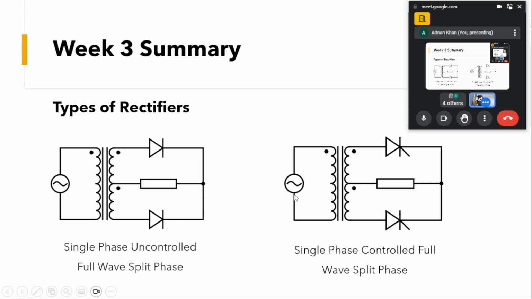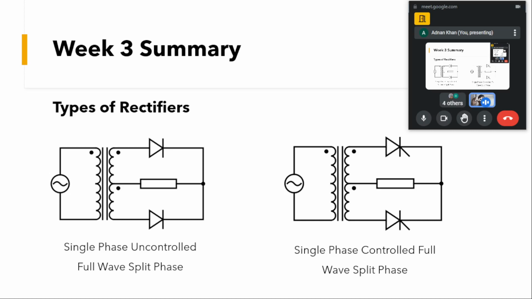And towards my right is a full wave rectifier, and here thyristors are being used, and as I have already told, we have control over their turn on. So at this load we can have both positive as well as negative halves, and we have control over their turn on.